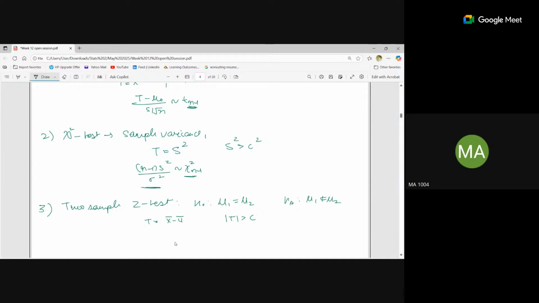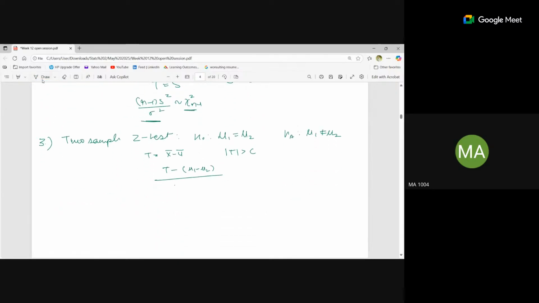Now this would be mu1 minus mu2 divided by root of sigma 1 square divided by n1 plus sigma 2 square divided by n2. Now this would be following normal distribution with 0 comma 1, right?